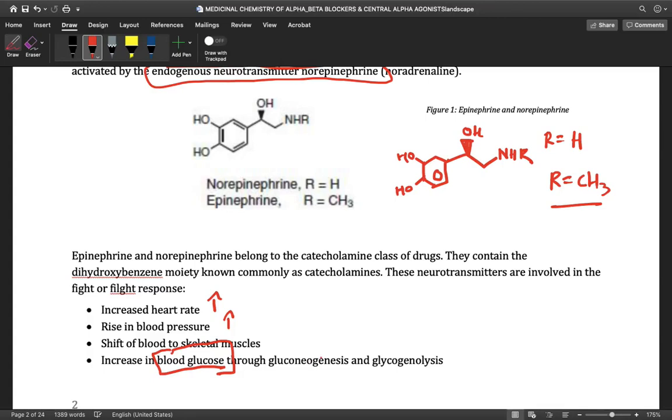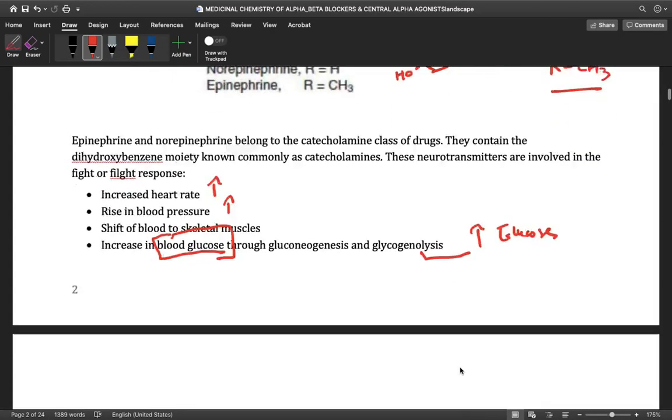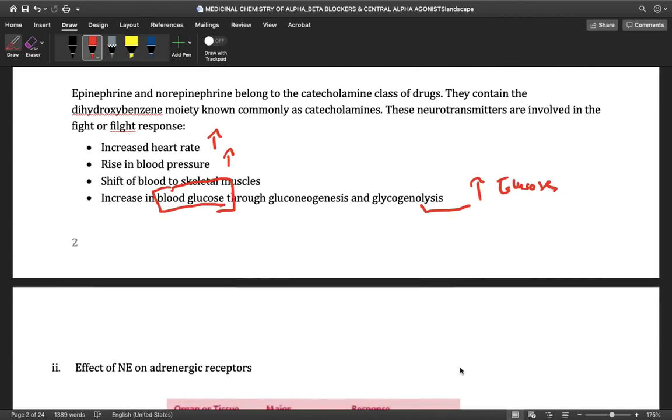So you're going to have gluconeogenesis and glycogenolysis. You're going to increase the synthesis of glucose, and you're also going to break down glycogen to release more glucose. So that's the fight and flight response. This is what happens when epinephrine and norepinephrine bind to the targets.